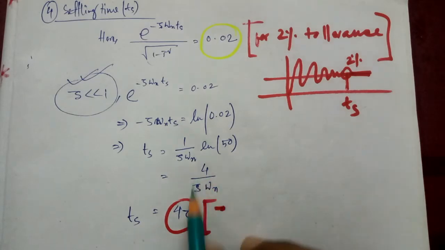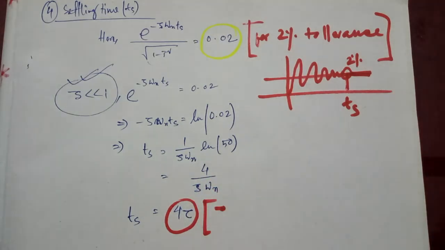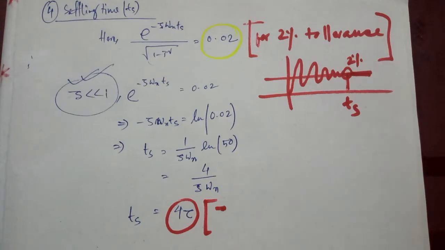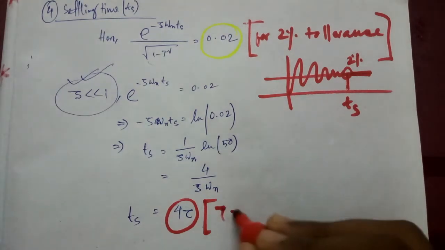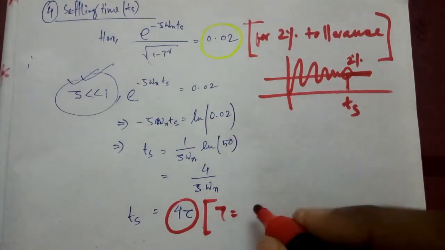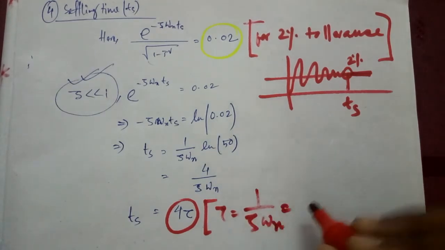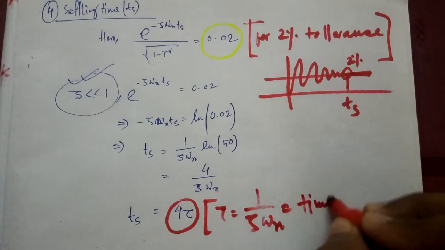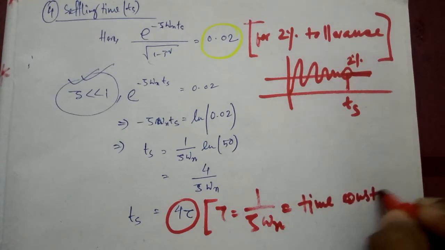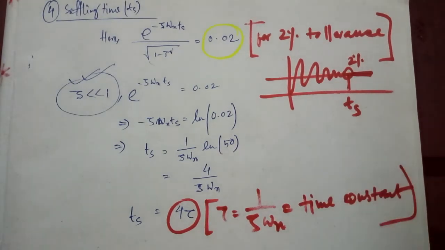So the final Ts value will be 4 by zeta omega n, and this term 1 by zeta omega n is represented by tau. Tau is actually the time constant of this second order system.